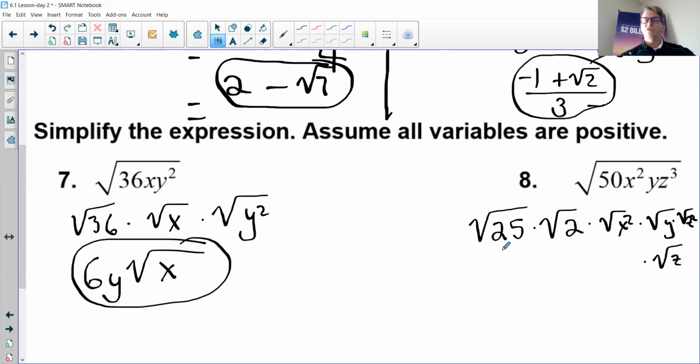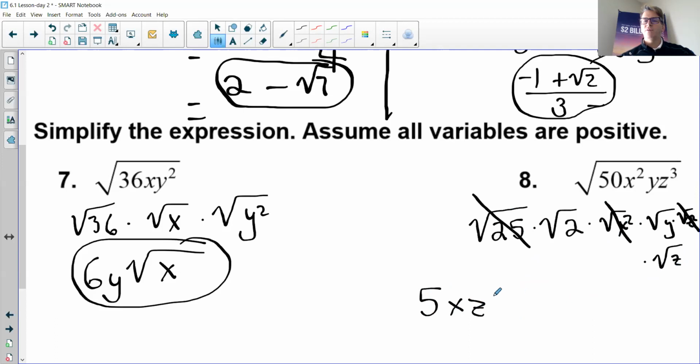Okay, well, square root of 25 is 5. The square root of x squared is x. So you've got that out of there, and the square root of x squared is out of there. And you notice you have a z, square root of z squared. You have a z.